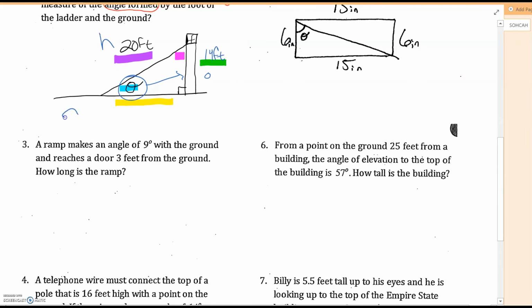So I'm going to go sine of theta equals opposite over hypotenuse. So it would be 14 over 20. Then I have to do the sine inverse of 14 over 20, which would give me about 44.4 degrees.